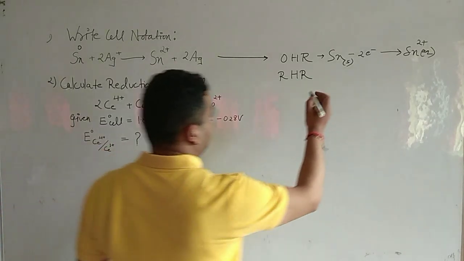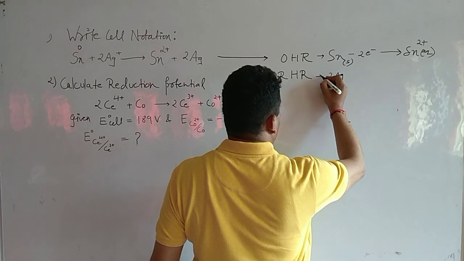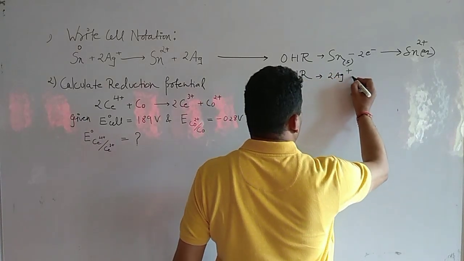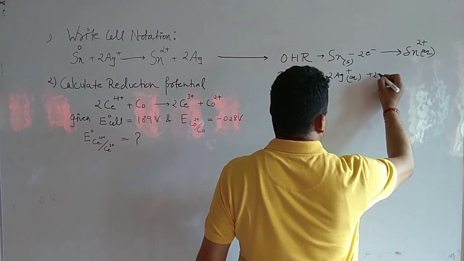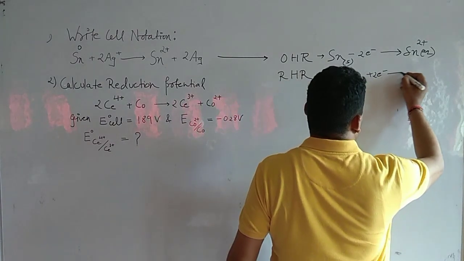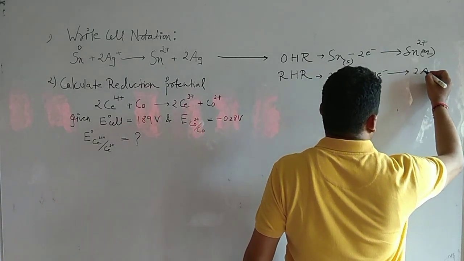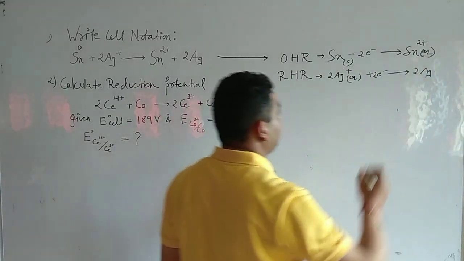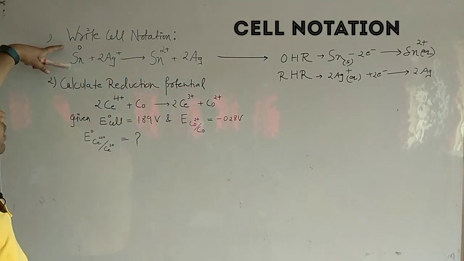So we can write 2 Ag+ in aqueous state, and they will consume 2 moles of electrons, and they will form 2 Ag. So these are the two half reactions, and you have to write the cell notation.